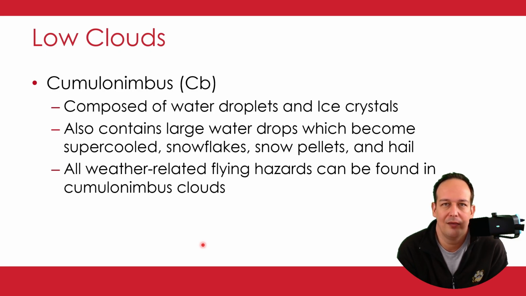And they always tend to freeze when they get below negative 20 degrees Celsius. But in the cumulonimbus clouds, the updrafts are so strong that they shoot those water droplets up so high, so fast that the supercooled water droplets can get to as low as negative 40 degrees Celsius before they freeze and turn into hail.